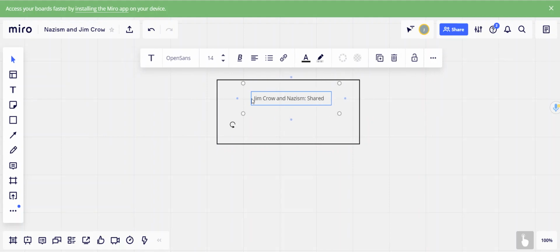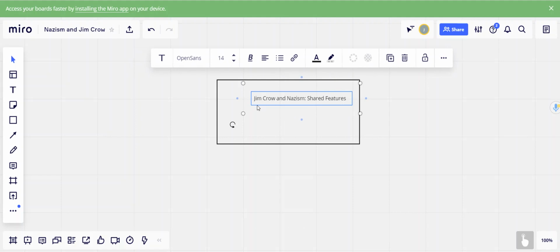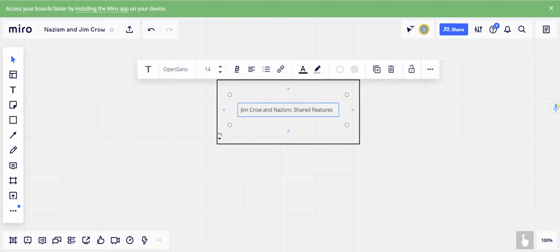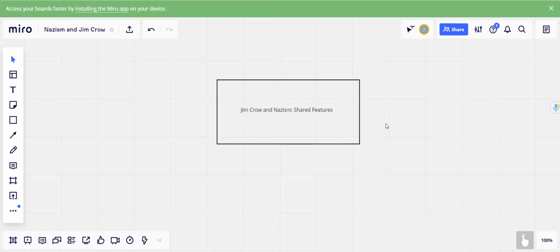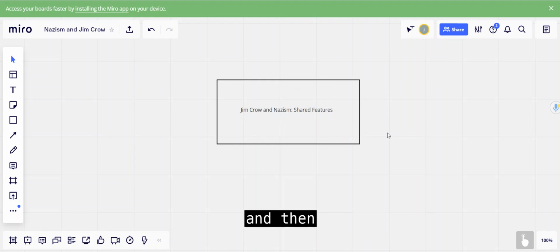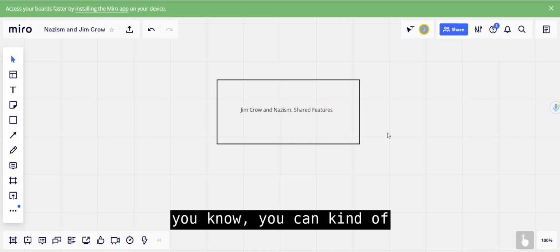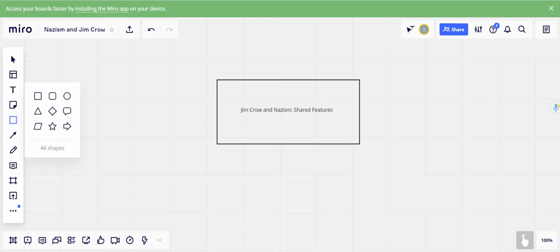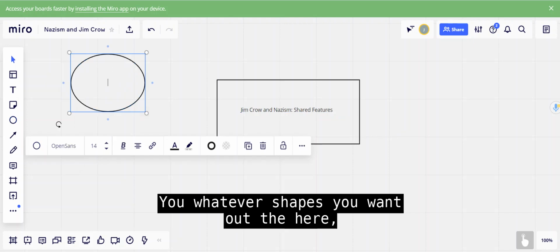You can start with the topics in the center, and then do whatever shapes you want out to here, right?